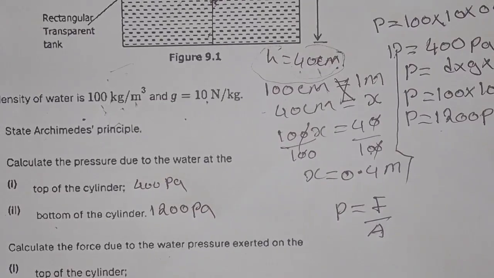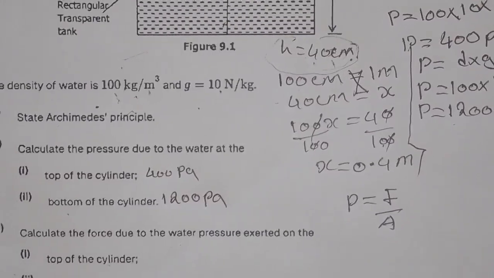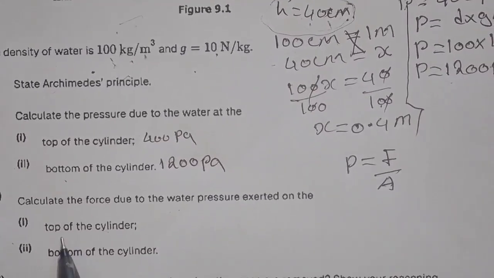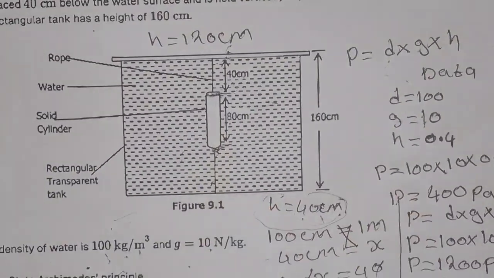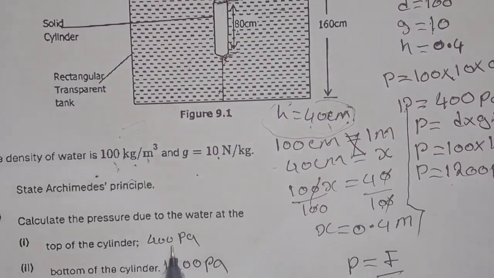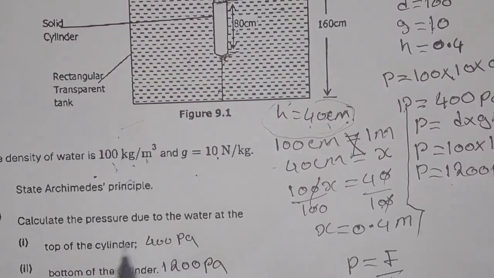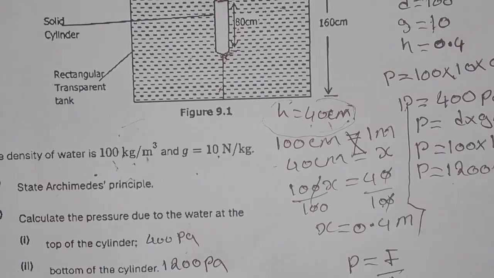Okay, so let's start by calculating the force on the top of the cylinder. On the top of the cylinder, which is here, we found our pressure to be 400 pascals. You can see from here where we calculated the pressure due to water at the top of the cylinder, and we found it to be 400.